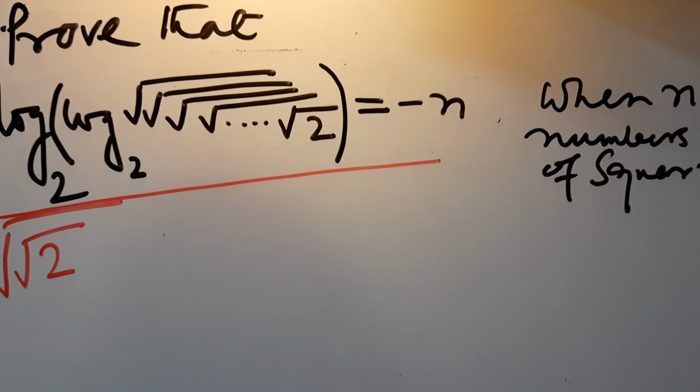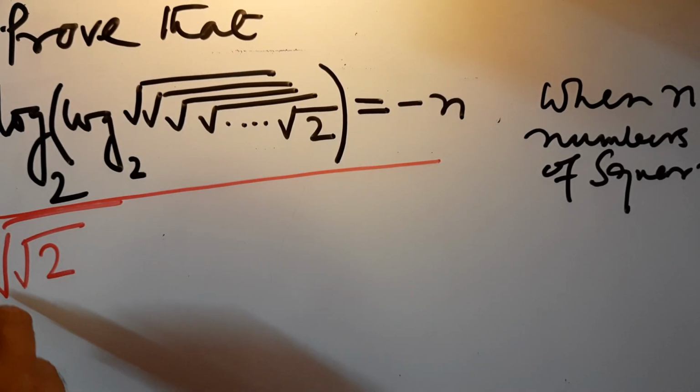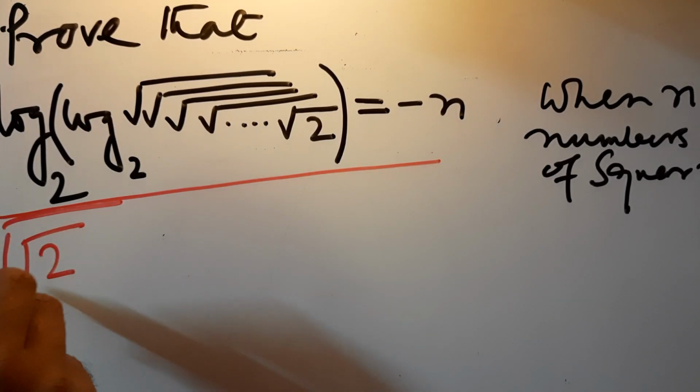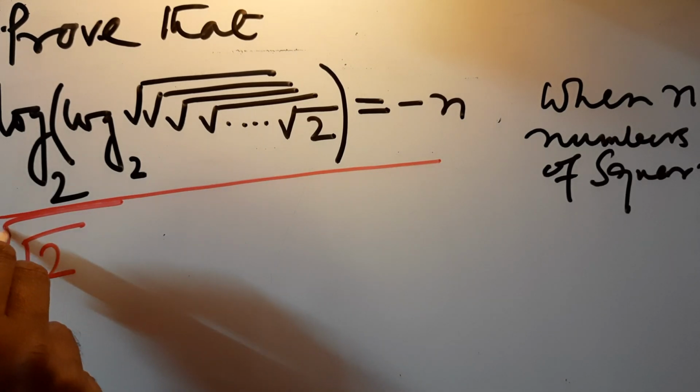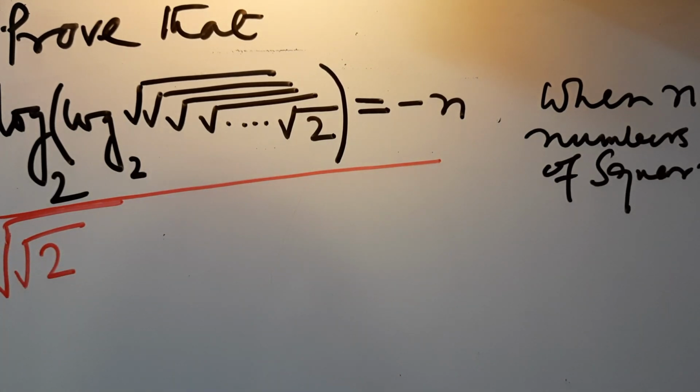That means here n equals 2, square root of square root of 2. So there are 2 square roots. Here n equals 2, correct? So now let's simplify this.